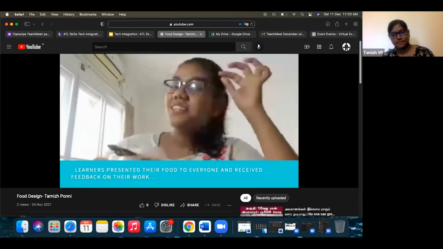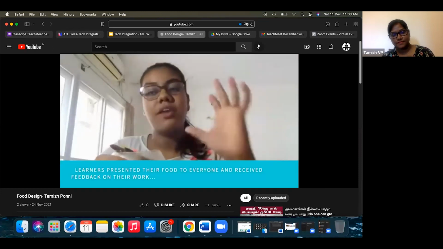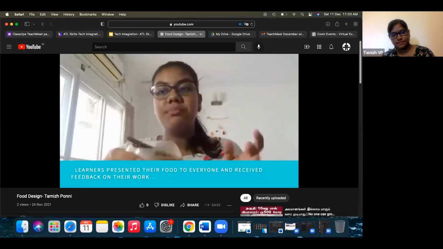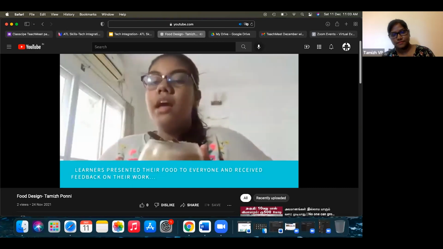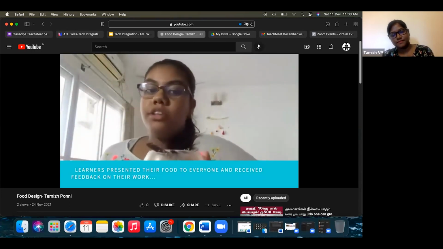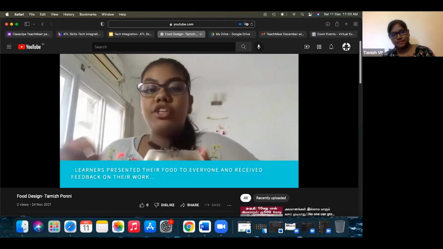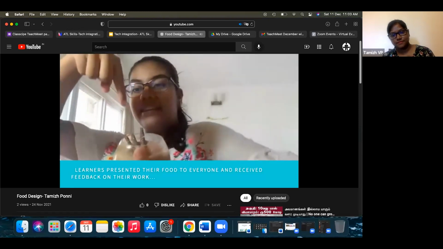So after you've blended the ice creams, you can put it in whatever container you want to use. I just used a simple round glass, and then you have to put that in the freezer so that it doesn't melt away. And while you do that, you're supposed to melt some separate piece of chocolate, and then you create these big chocolate pieces.